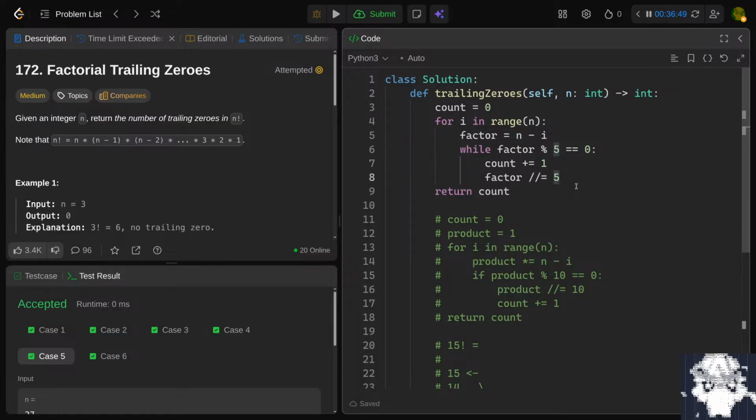We can just know that they're there based on how big n is. So how do you do that?